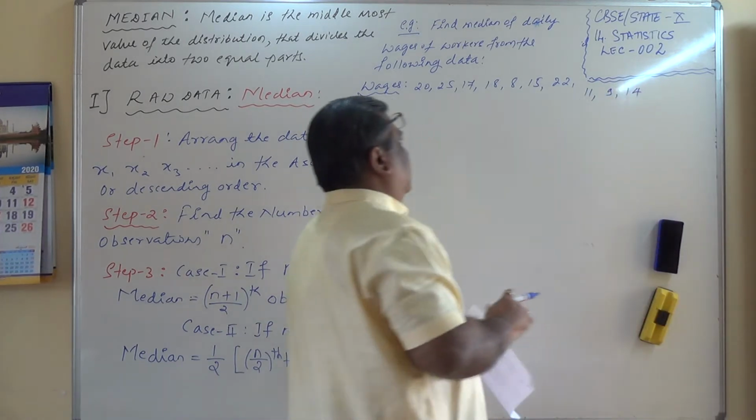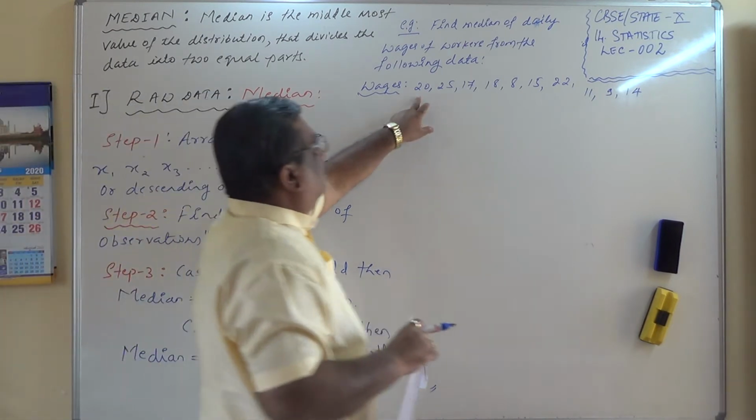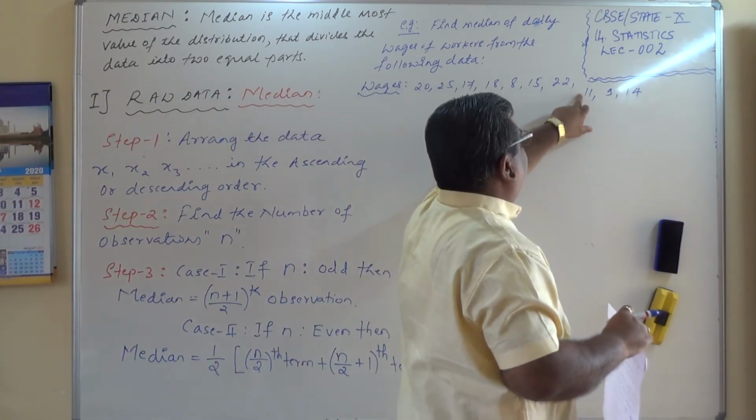Okay, so let us see how many observations are there. Check it here. 1, 2, 3, 4, 5, 6, 7, 8, 9, 10.